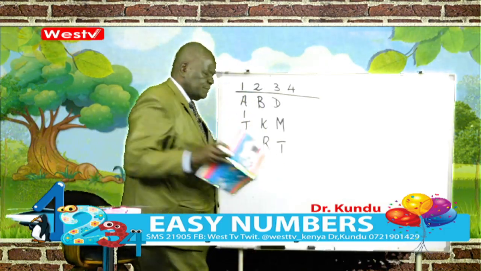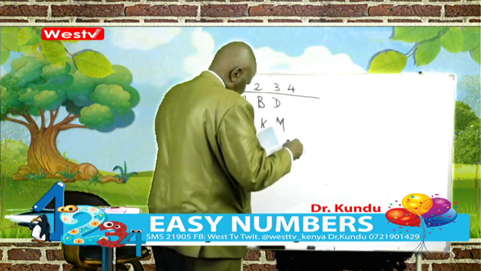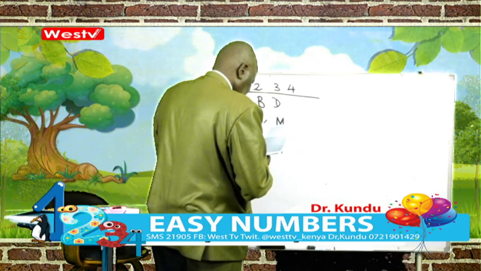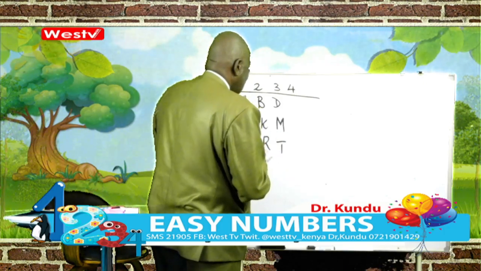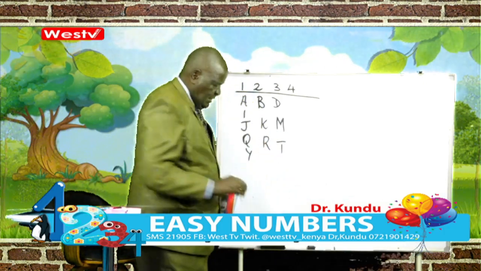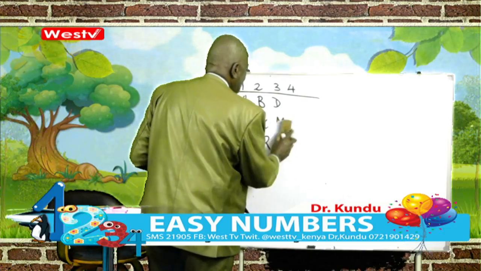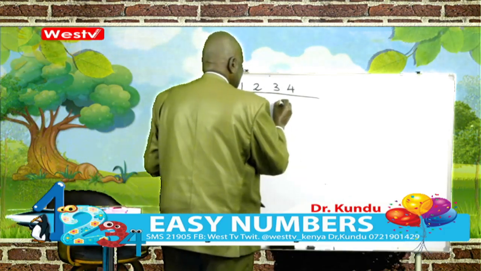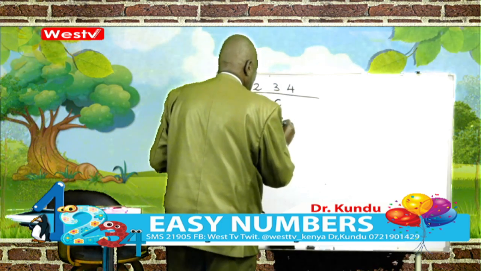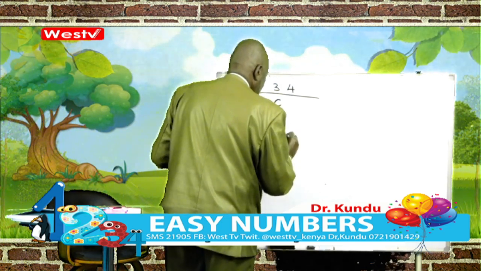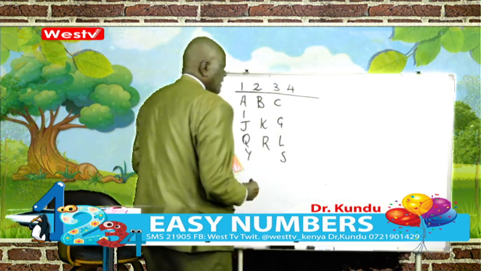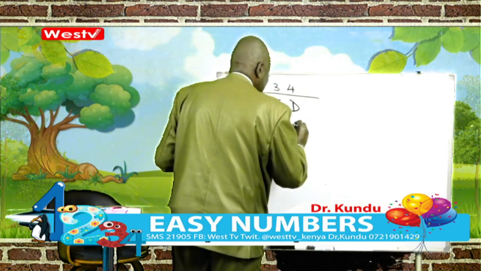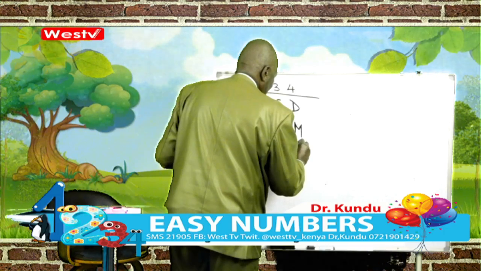Let me confirm. Numeral 3 vibrates to C, G, L, and S. Then numeral 4 is the one that vibrates to D, M, T.